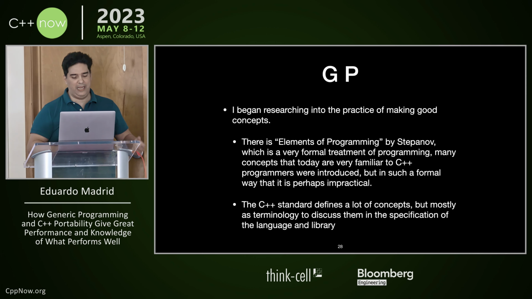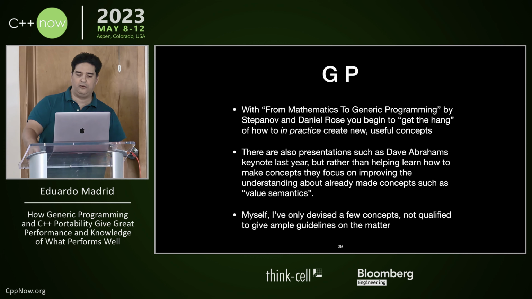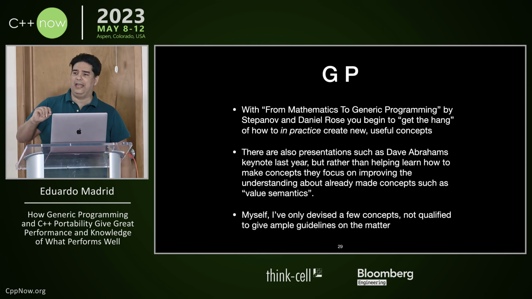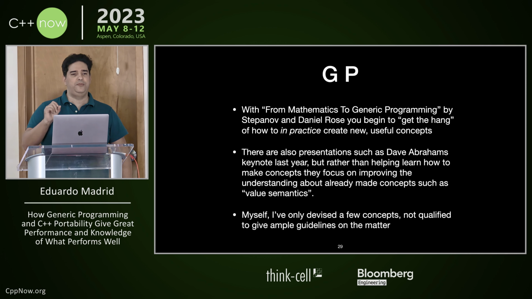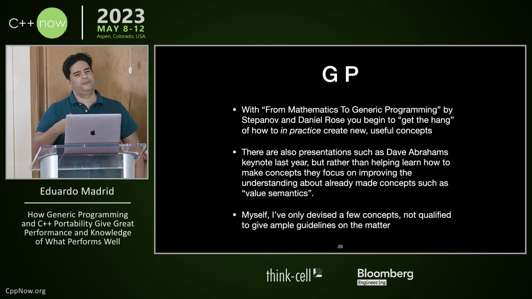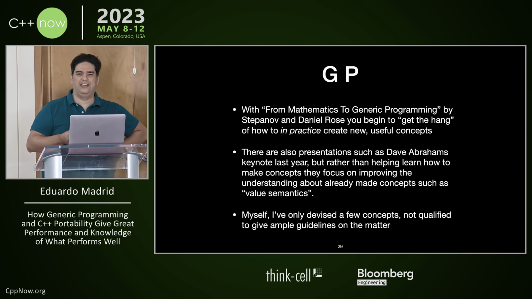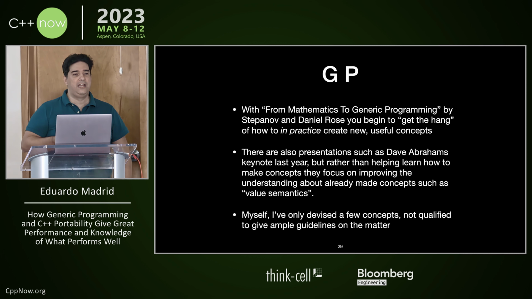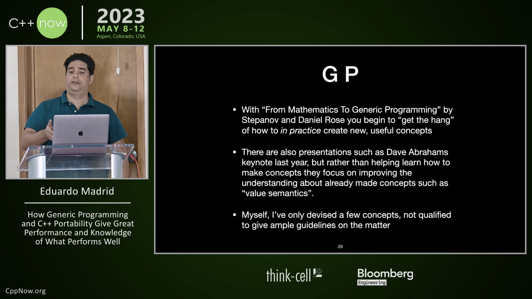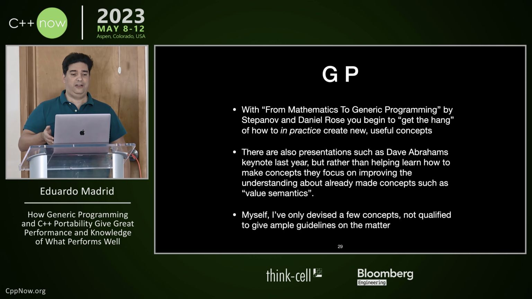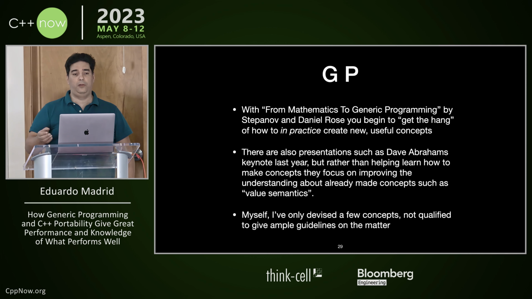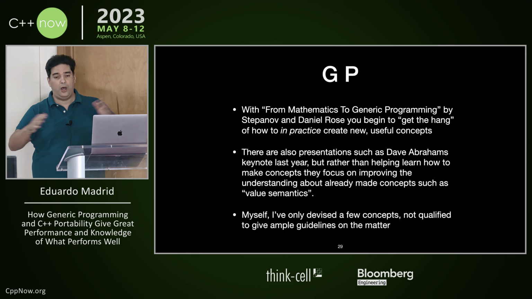Finally, we get to something that is more helpful. It's still very mathematically oriented, but you begin to get the hang of it. There is the book From Mathematics to Generic Programming, also by Stepanov and his collaborator Daniel Rose. And you begin by replicating the Egyptian multiplication algorithm. And I thought at the beginning that it was like a waste of time, okay? Like, why do I go to something so primitive? And then I realized that the very same Egyptian multiplication algorithm continues to be used today in cryptography, and it is a fundamental principle and a fundamental tool of lots of programming.